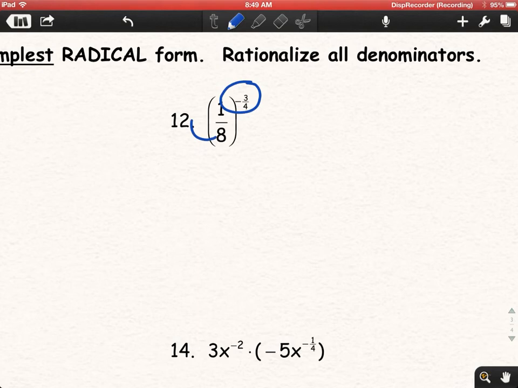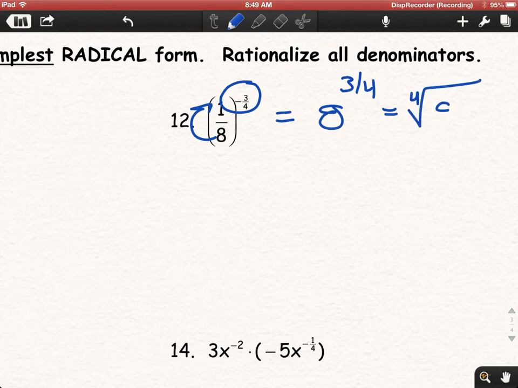Negative exponent means I can just flip this over. I can just do the reciprocal and get 8 to the 3/4. And that, of course, is the 4th root of 8 cubed. And many of you stopped right there and said, well, I have a 4th root. I'm looking for 4 of something. I don't have 4 of something. I only have 3 of something. Well, that's not true, because 8 is made up of a bunch of 2's.